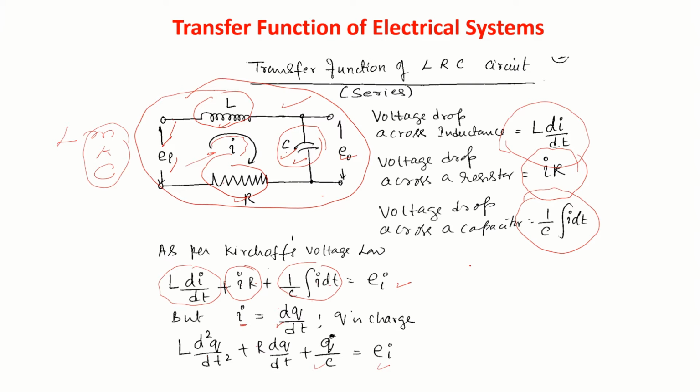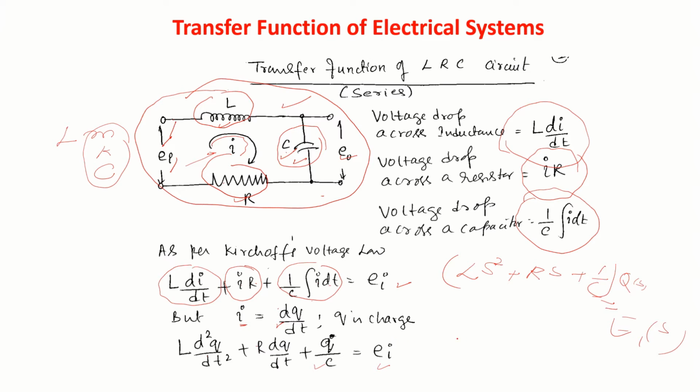Now if I take Laplace for this, assuming all initial conditions to be 0, you get L s square Q of s plus R s Q of s plus 1 by C Q of s, which I can take outside, and that must be equal to EI of s.